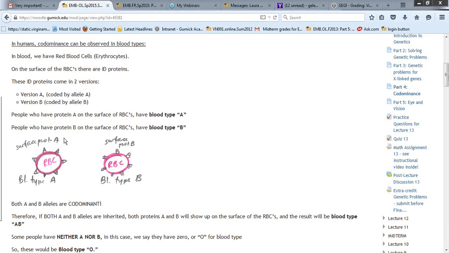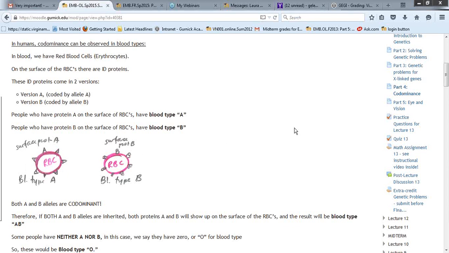If you have an allele, meaning a gene, in your genome coding for protein A being expressed on the surface of your red blood cells, then you will express protein A on the surface of your red blood cells. And we'll say that you have blood type A because you have A protein on the surface of your red blood cells.